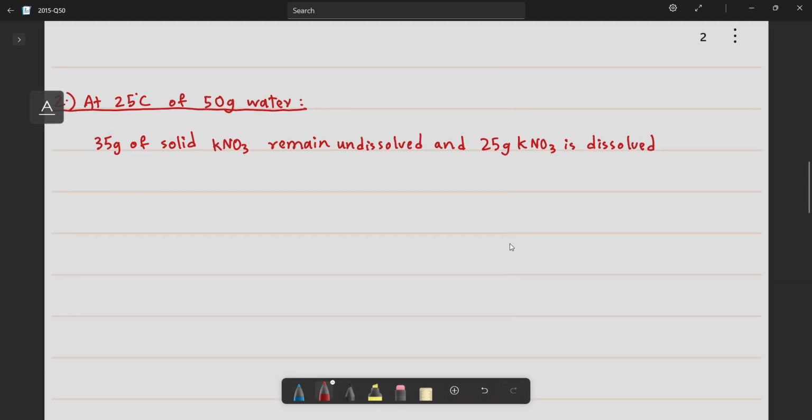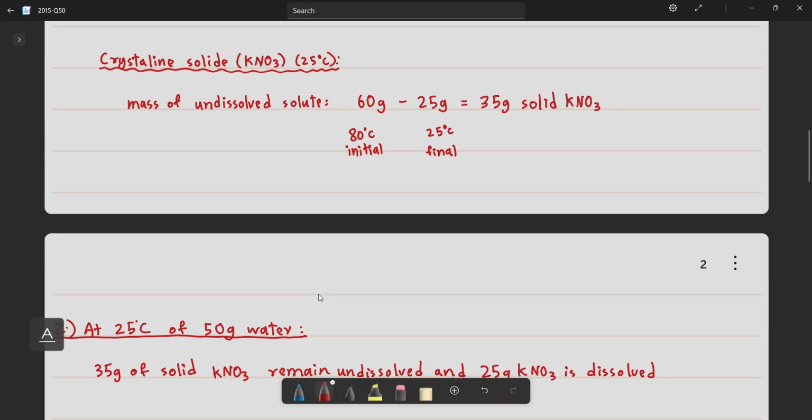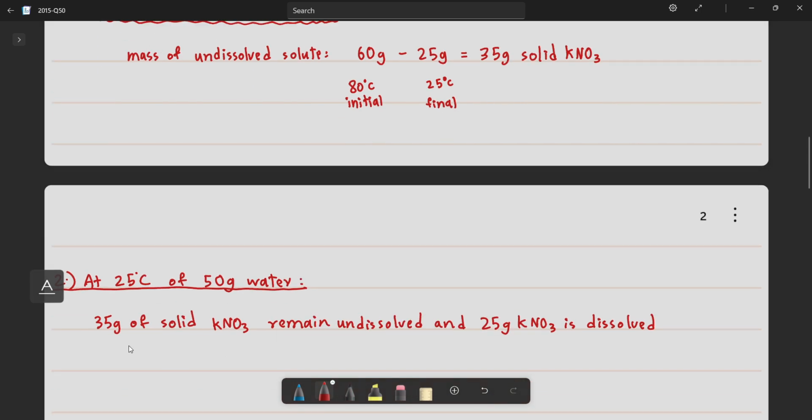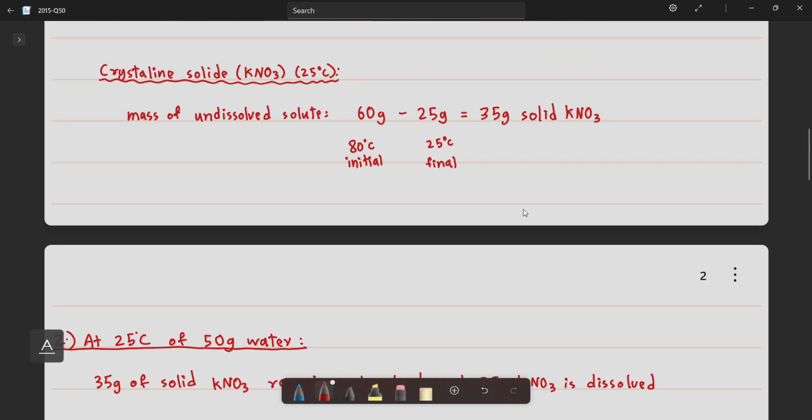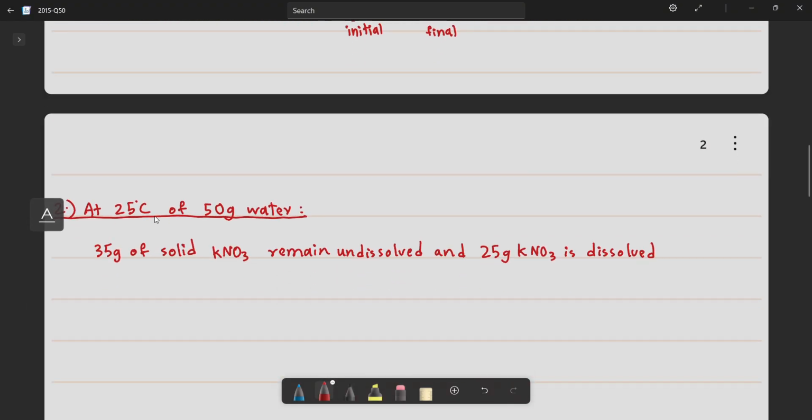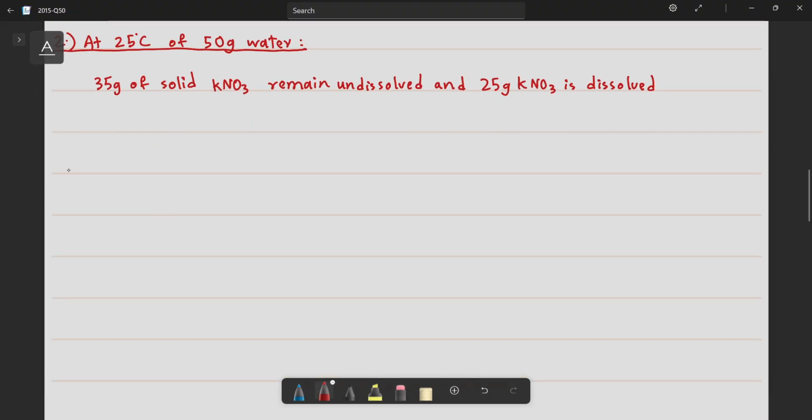Okay, so now this is the summary we can conclude from this calculation: 35 gram of solid potassium nitrate is undissolved solid, and only 25 gram of potassium nitrate is dissolved in the 50 gram of water at a temperature 25 degrees Celsius.